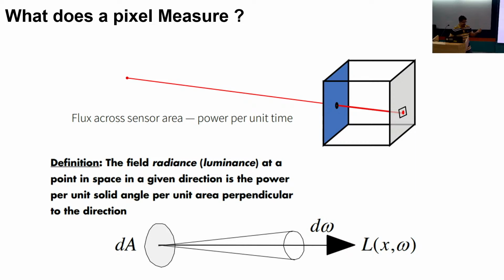It models from which direction how much light is coming. For example, if we have a lamp in a room and I'm looking in different directions, I have a model through which I can say that this much luminance will be coming in this direction or that direction. If I'm closer to it, luminance will be higher; if I'm far away, luminance will be less. That is why this property is important for us.